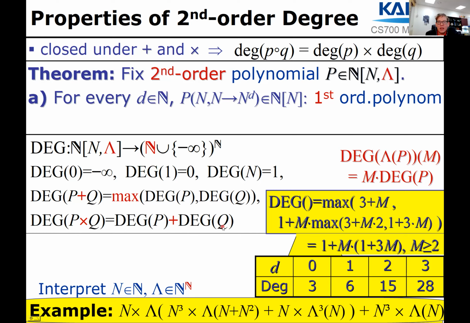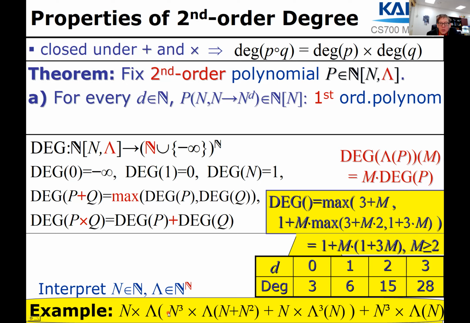And again, let's verify that. If we replace lambda here with, let's say, a quadratic polynomial, so the case d equals 2, then this here means n to the third times n squared, which is n to the fifth. And similarly here, if lambda is the square of the argument, then this becomes n to the sixth. And with this, that's n to the 7. And here this becomes n to the fourth plus 2 times n to the third plus n squared.